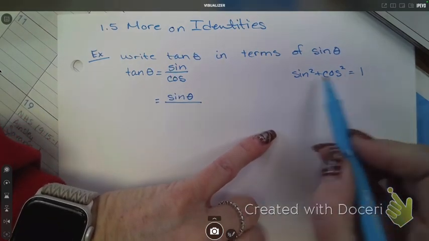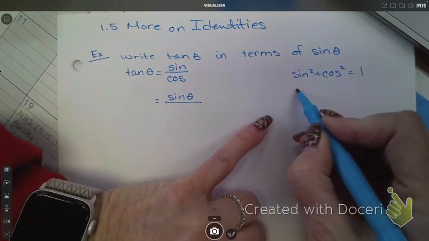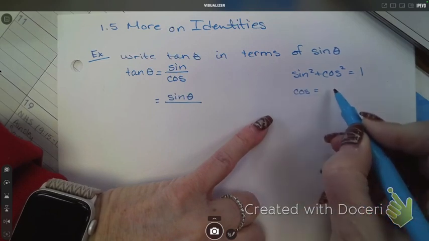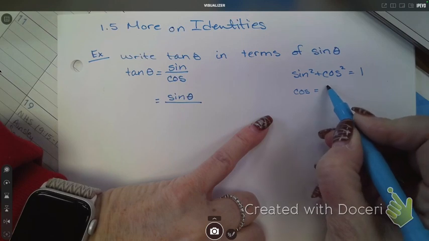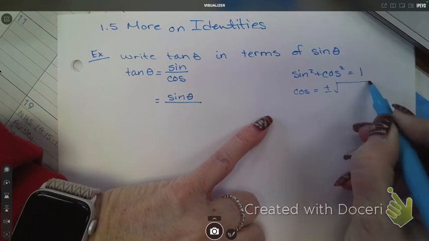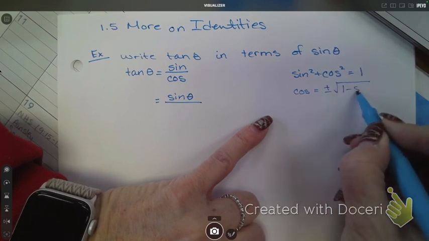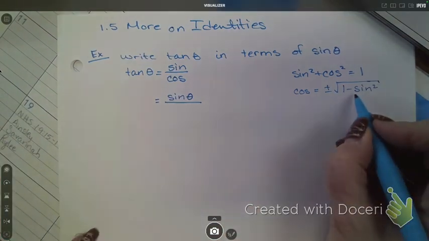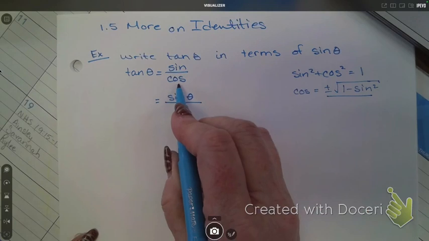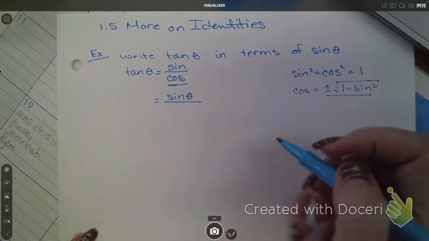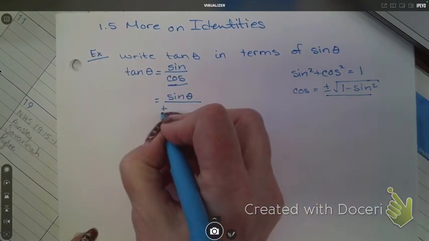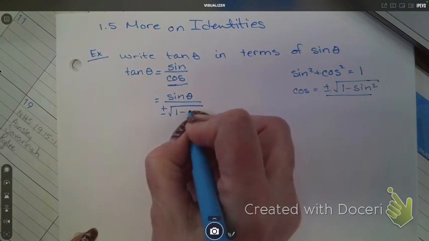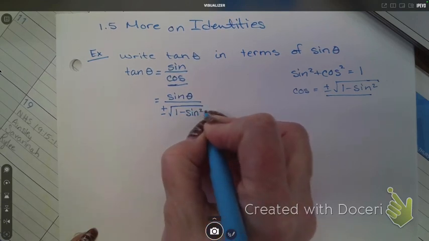So if I want to solve this for cosine, what is it? 1 minus sine squared, square root. So plus or minus the square root of 1 minus sine squared. I think that's what you were trying to get out of there. So now if I replace this cosine with this, do I have it all in terms of sine? Yes. And you do need to have the plus or minus there because you do not know which quadrant it's in.